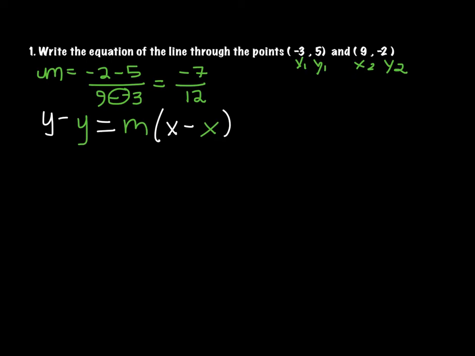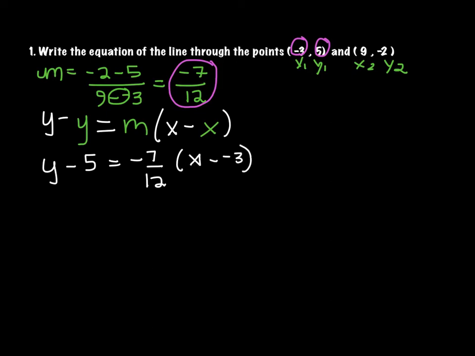So I'm going to plug in the m, and I think I'll use this x and this y. So y minus the y is the slope times x minus the x. That will become y minus 5 equals -7/12 x plus 21 over 12. I'm going to add 5.